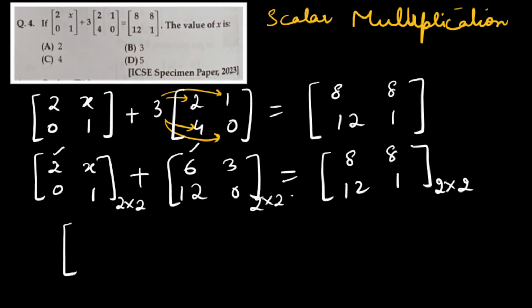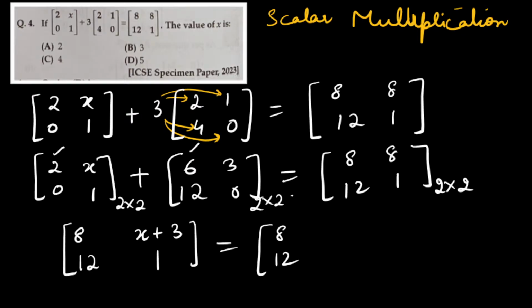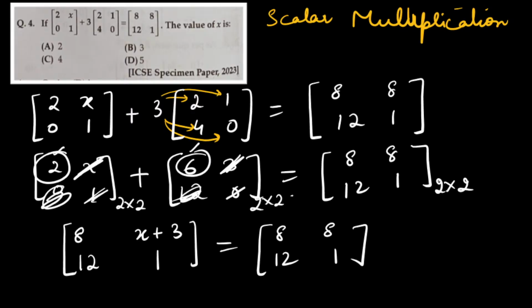So 2 plus 6 is 8, the second element x plus 3, then 0 plus 12 is 12, and 1 plus 0 is 1, equals 8, 12, 8, 1. So this element I added with this one, this x I added with this 3, this 0 I added with 12, and 1 I added with 0.